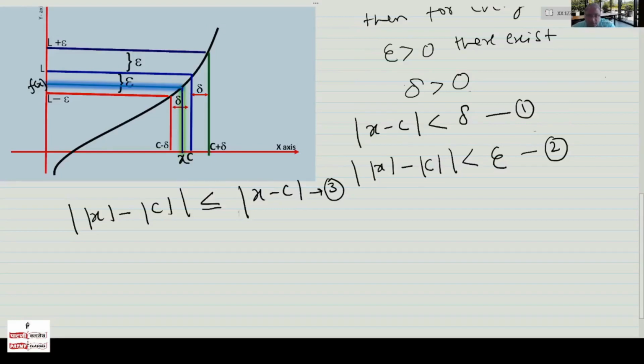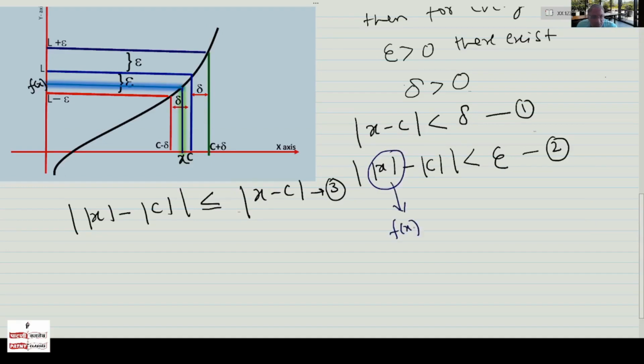From equation 1 and 2 we get modulus of modulus x minus modulus c is less than or equal to modulus of x minus c. Let us call it equation number 3, where modulus x is nothing but f of x and modulus of c is nothing but f of c.